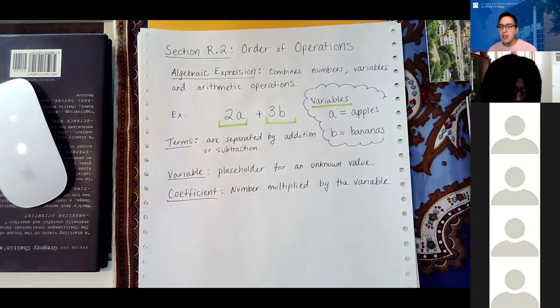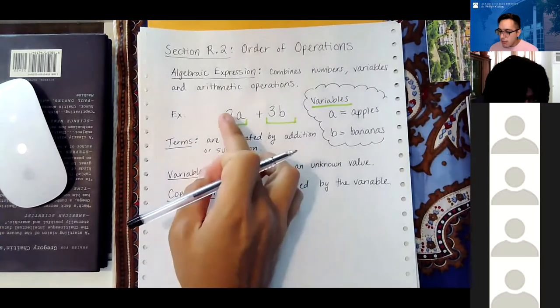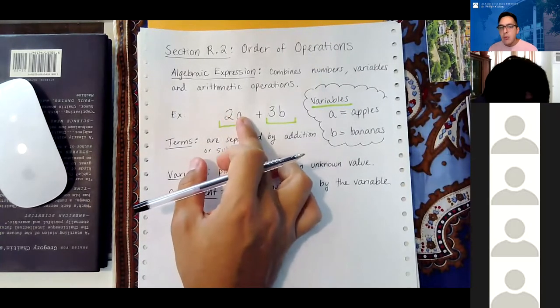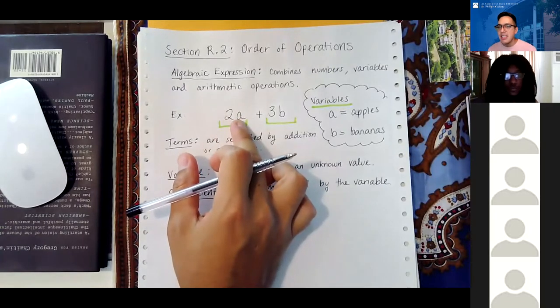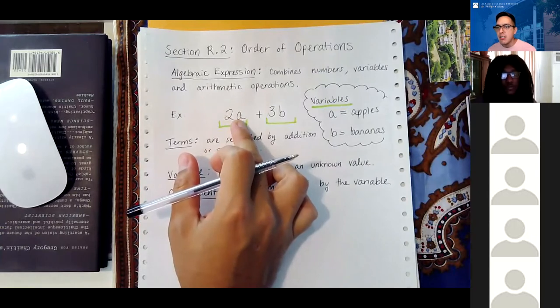So one of our favorite variables to use in mathematics is X. And that gets a little bit confusing when you have X for the multiplication symbol and X for a variable, because you don't know which symbol is which if you're writing very quickly. So a lot of times what you'll see me do is write a dot as multiplication or use parentheses as multiplication. But when it comes to a number and a variable, we don't have to write anything between them. And if there's no operation between them, it's implied that it's multiplication. It's sort of like the default operation here.